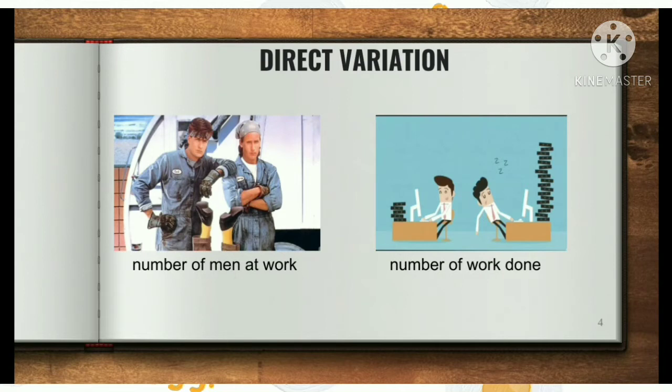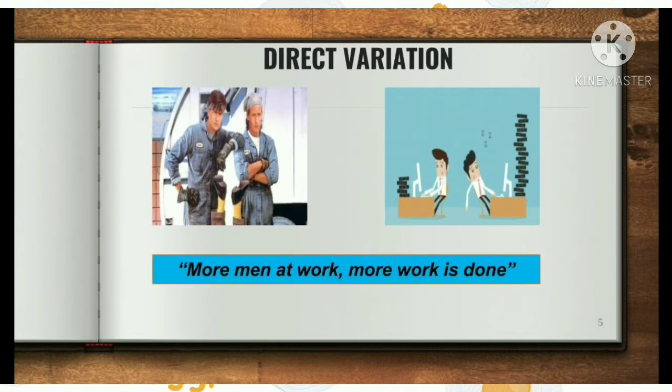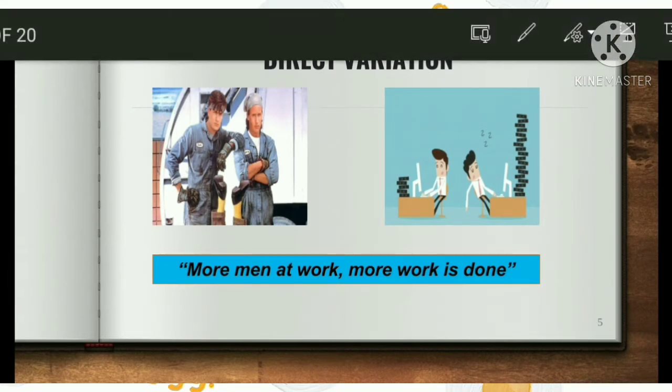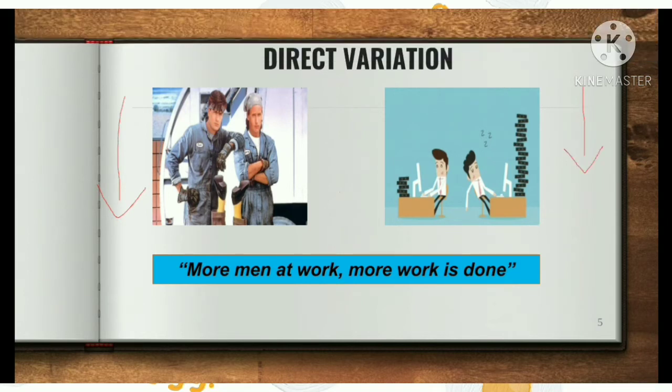If there are more persons doing the work, then there would be more work done. The same respect we could give if there are fewer men at work, then there would also be less work done. So this is an example of direct variation.